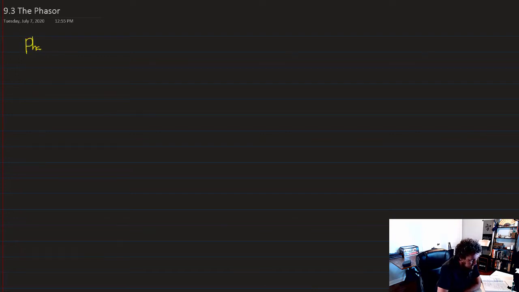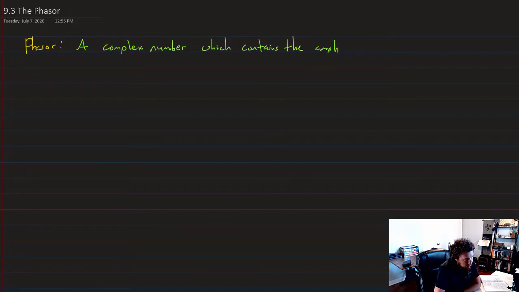So we'll say the phasor is a complex number which contains the amplitude and phase information of our sinusoidal voltage or current.